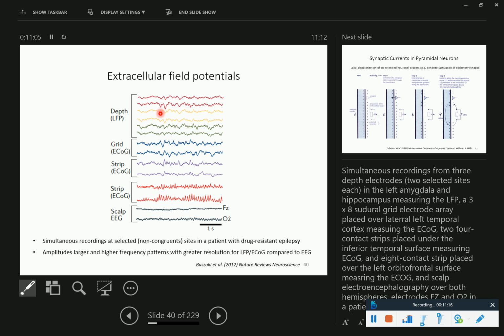If you're closer, with some depth electrodes, this is from one patient who had depth electrodes, but also ECoG electrodes and EEG, what you typically observe is stronger, higher amplitude variations when you are invasive, but qualitatively the data are fairly similar.